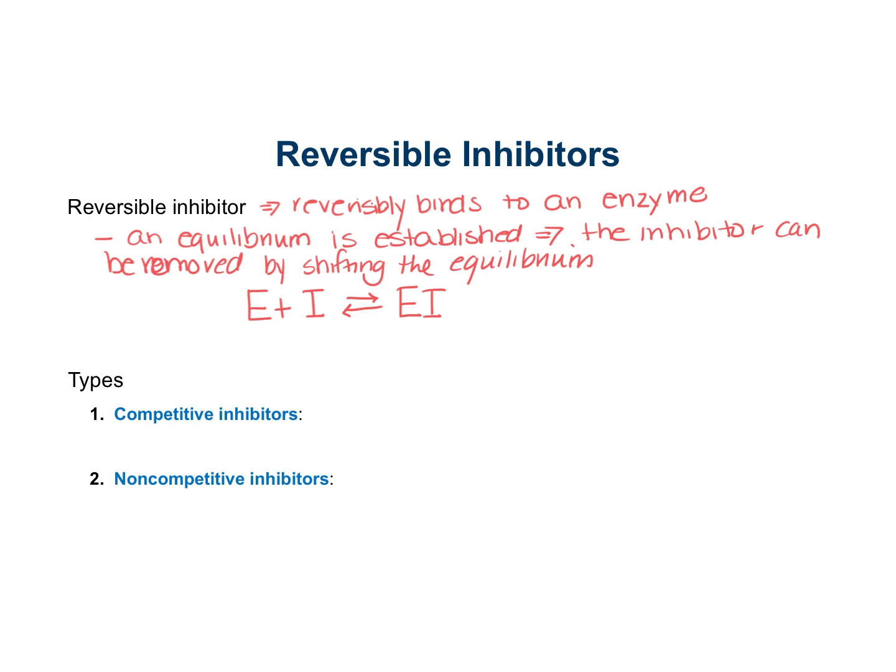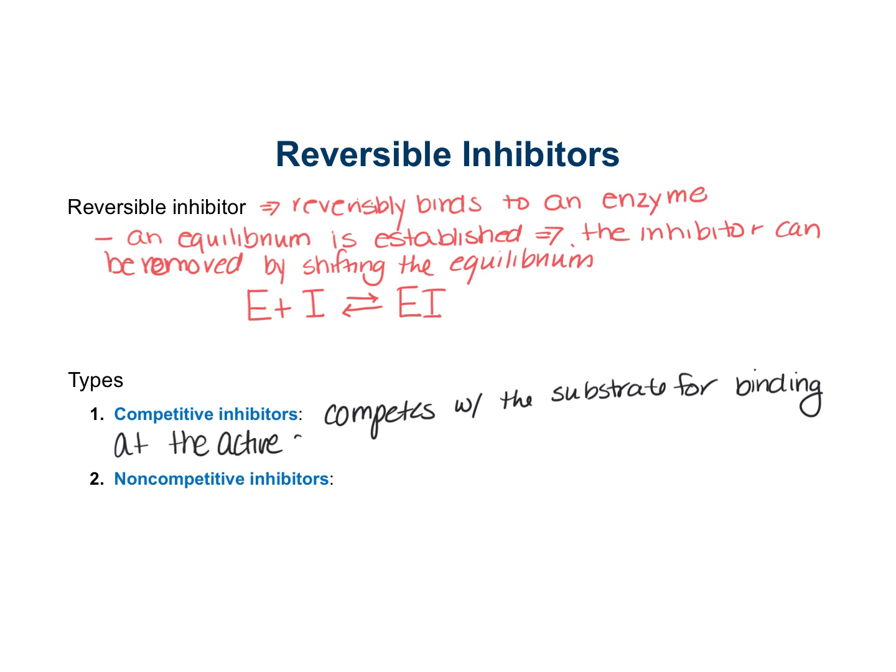Okay. Now, there are two types of reversible inhibitors: competitive inhibitors and non-competitive inhibitors. A competitive inhibitor will compete with the substrate for binding at the active site. A non-competitive inhibitor will bind to the enzyme at a location other than the active site.